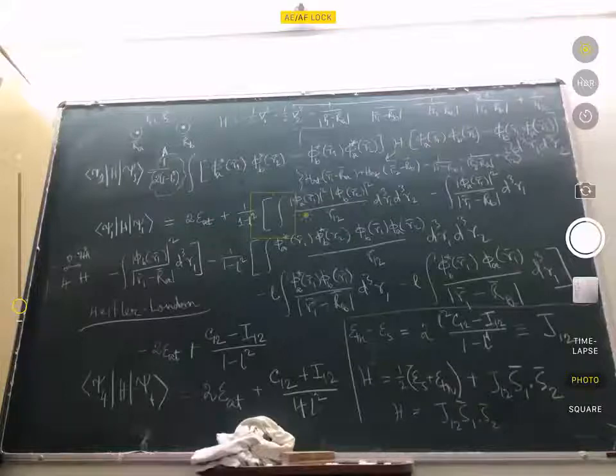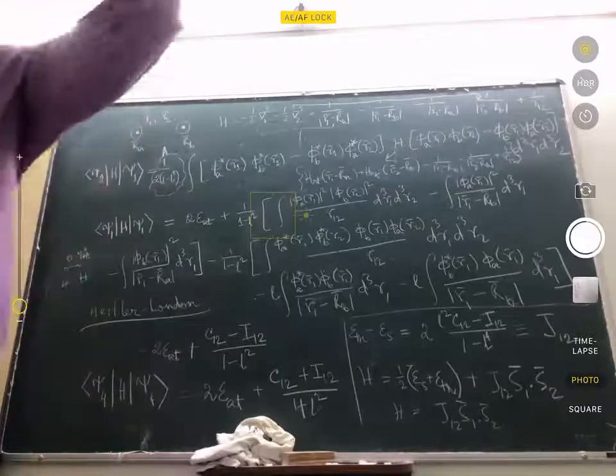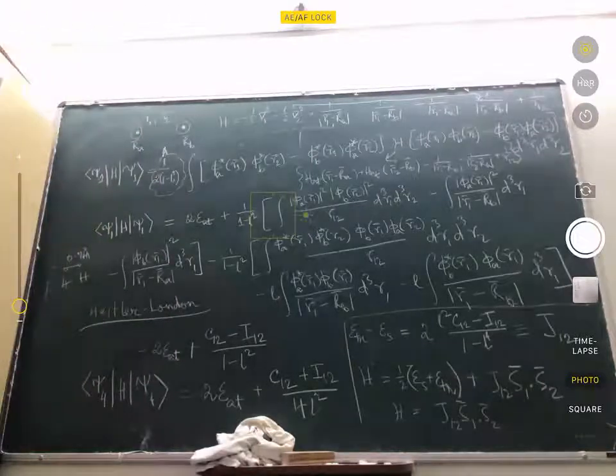Now this gets us into the complications of many electron physics. In this course, we cannot get into all the formal complications of how to deal with many electron physics.